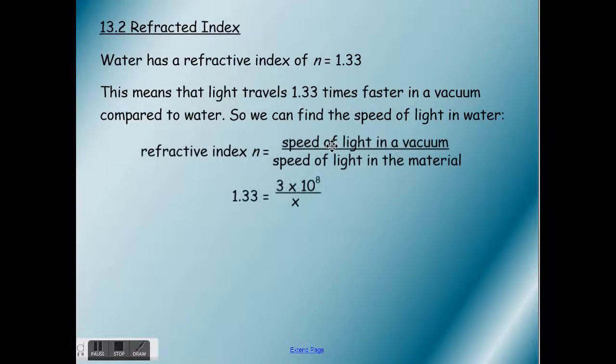So 1.33 equals 3 times 10 to the 8 over x, x being our speed of light in water. Then we solve this, and we get 2.26 times 10 to the 8 meters per second. That's 226 million meters per second. That's how fast light travels in water.